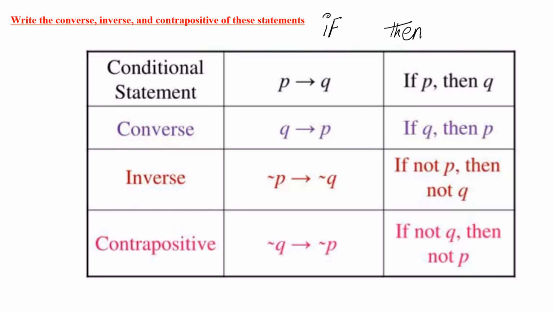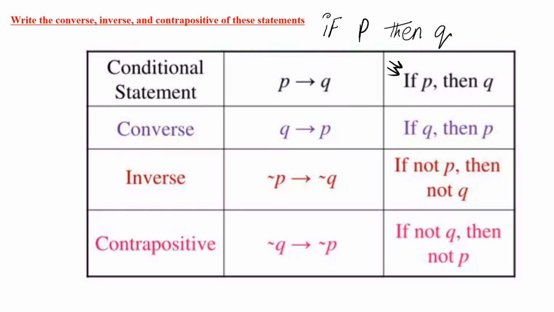Let's suppose the first condition is P and the second condition is Q. We relate them with if and then and write it as one statement, then that statement is said to be the conditional statement. So we write if P then Q, as it is written in the third column.